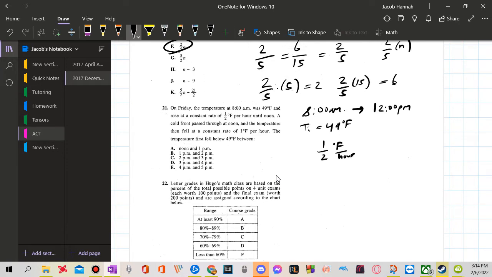So 4 hours passed, so 4 times 1/2 is 2 degrees change. So at 12 o'clock p.m. it was 51 degrees Fahrenheit.